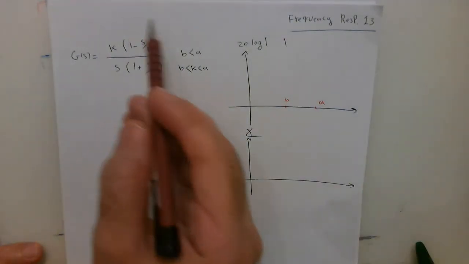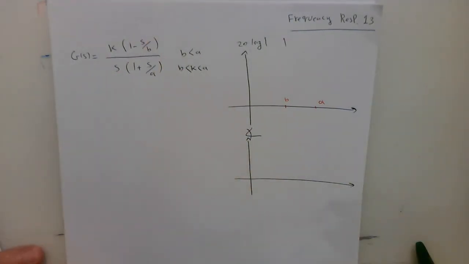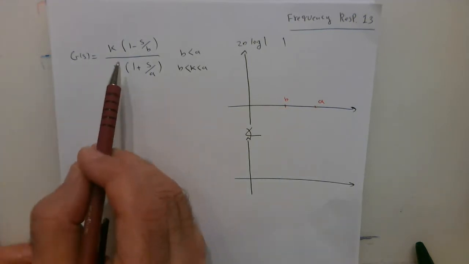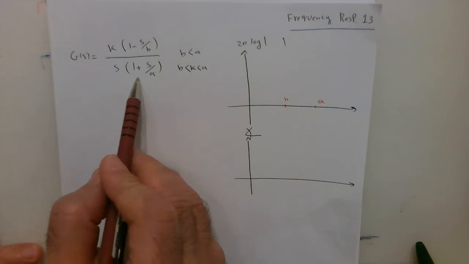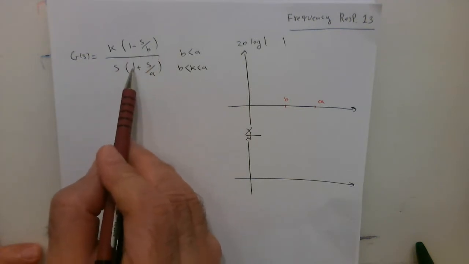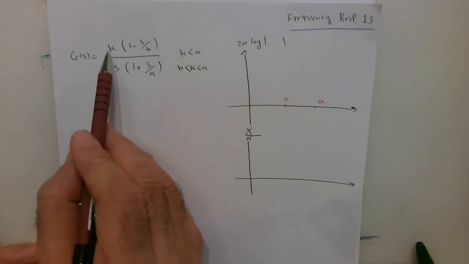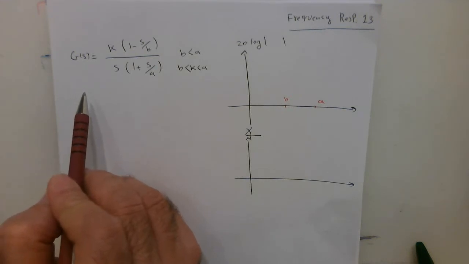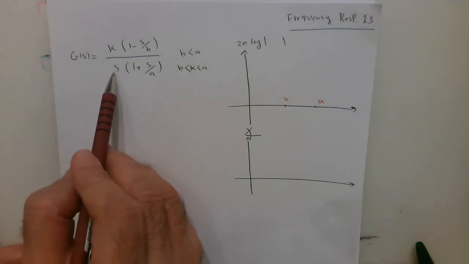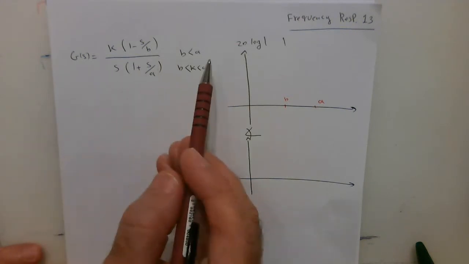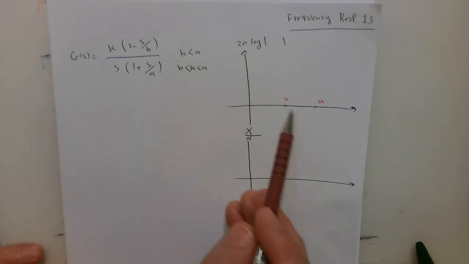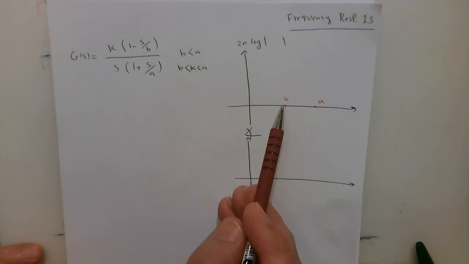If we want to plot the Bode diagram, in low frequencies the magnitude of these two terms is 0 because we have the 1. So the only terms that have amplitude in low frequencies are the gain and the integrator. Due to the integrator, the slope of the magnitude would be minus 20 dB per decade.